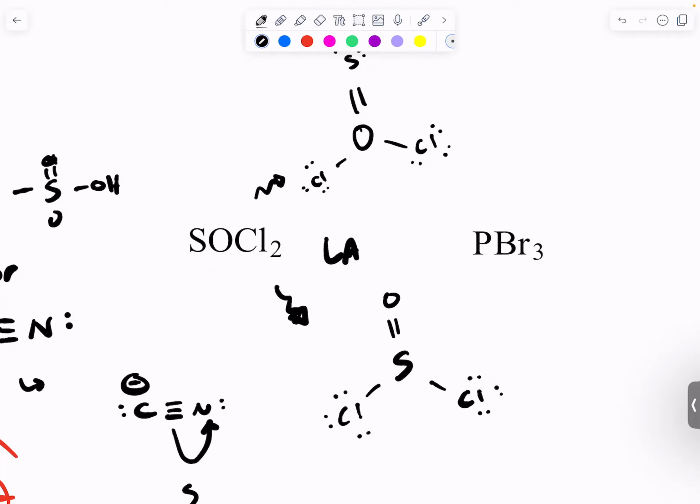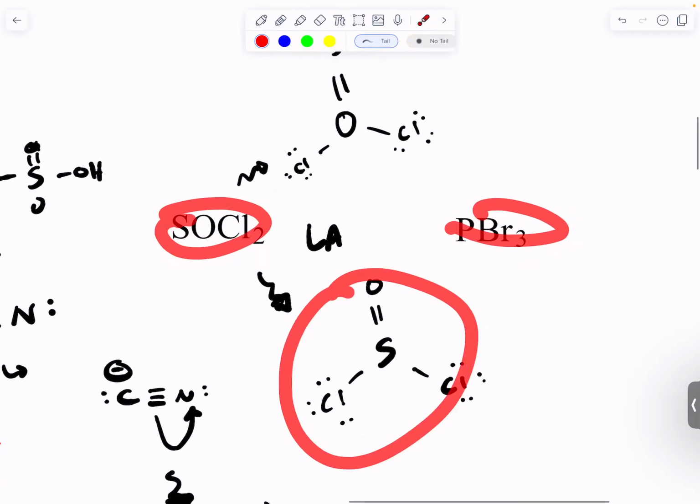So that's why I'm showing you these ones. There are probably a million examples of Lewis acids and bases, but I try to choose the ones that are going to come back up again, so you might as well know what the structure looks like.